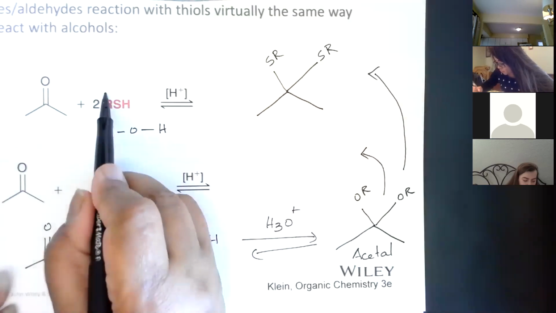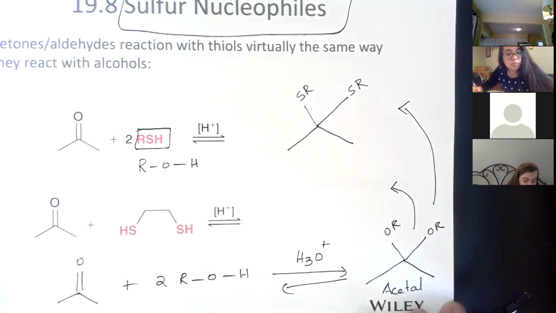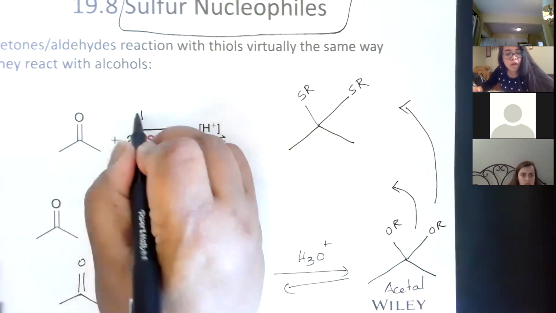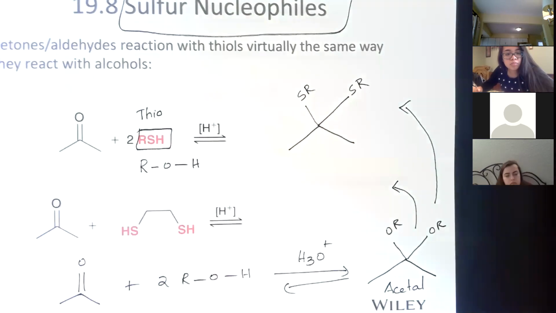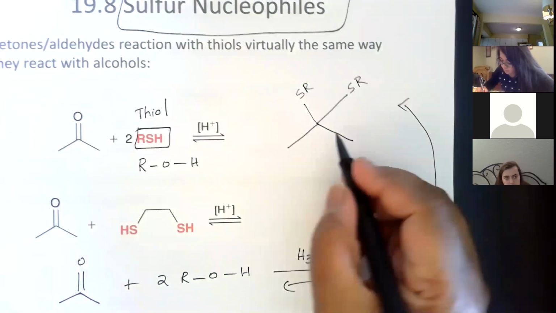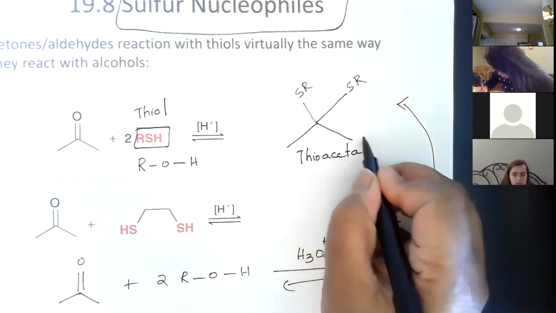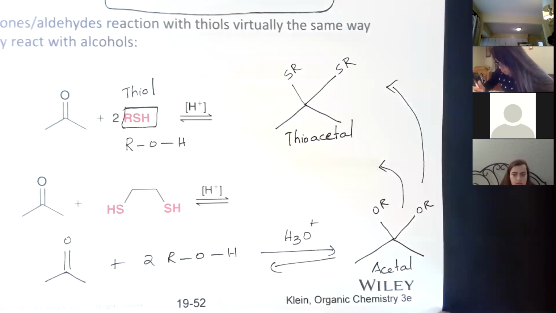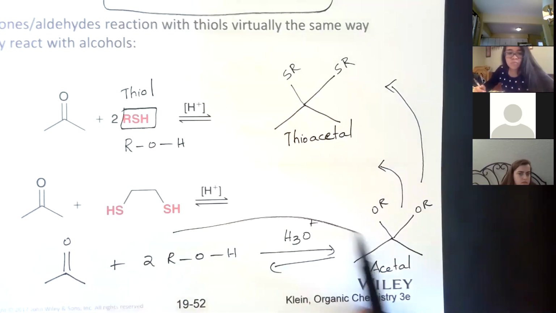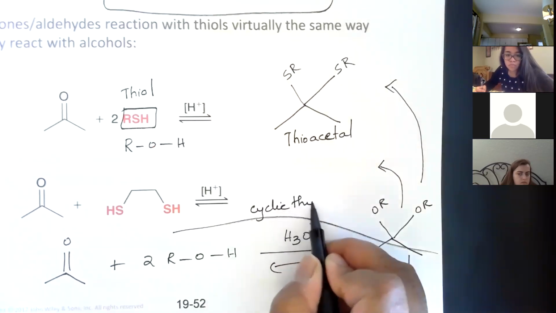What do you call this? RSH, thiol. Okay, thiol, like alcohol, this is thiol. And this is thioacetal. That's a common name. And this one would be cyclic thioacetal.